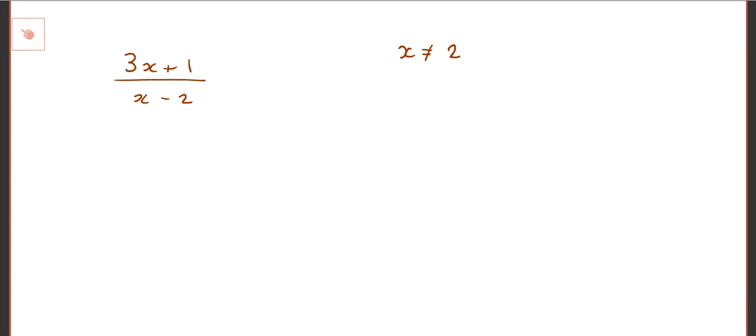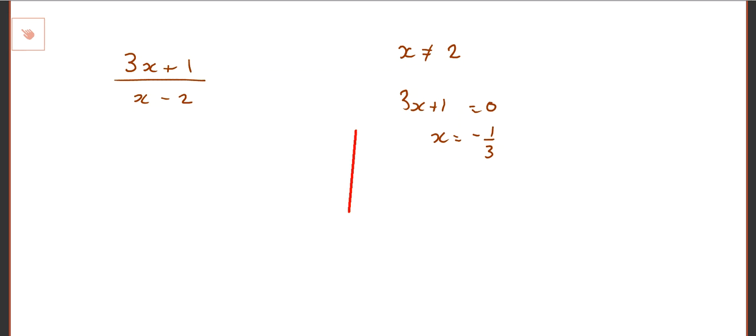Well, that's going to be the top one. So 3x plus 1 equals 0. That's going to be x is negative 1/3. Why don't I need to worry about the bottom one for that? Because if the numerator is equal to 0, the whole thing is equal to 0, right?